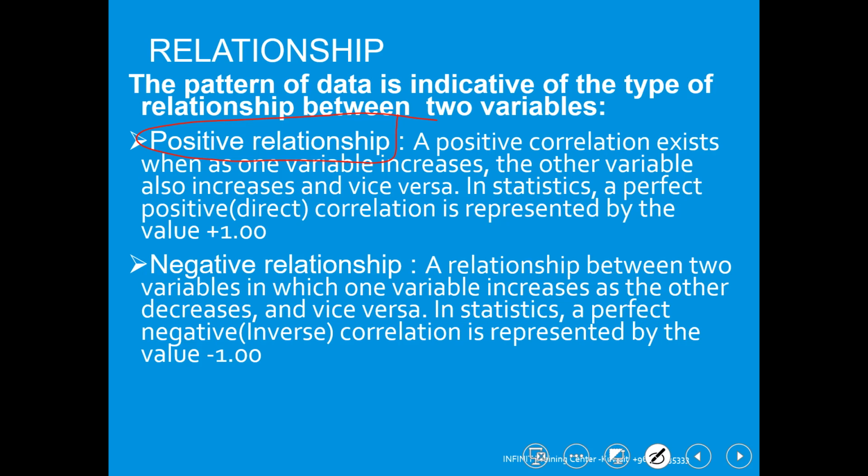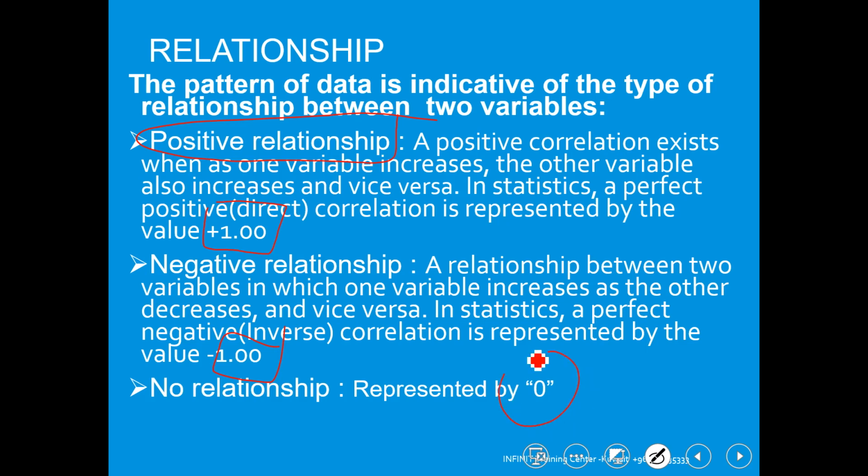And a perfect negative correlation will be denoted by -1, and a perfect positive correlation will be denoted by +1. Or we can say your correlation value is going to be between +1 and -1. There won't be any value beyond +1 or beyond -1 in correlation. So we will see the examples in the coming slide.